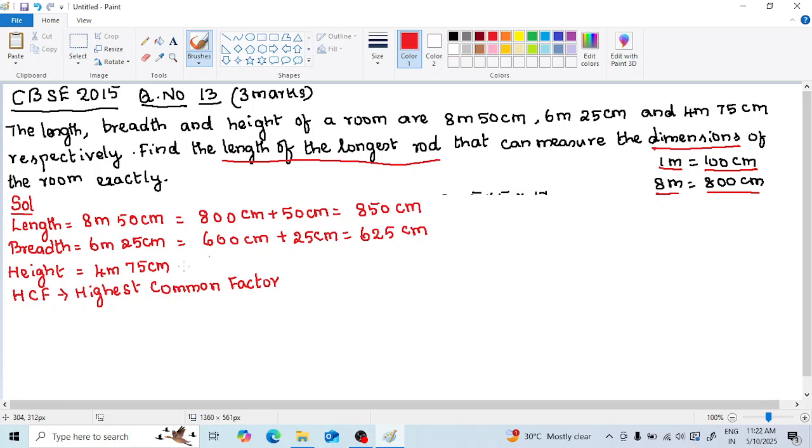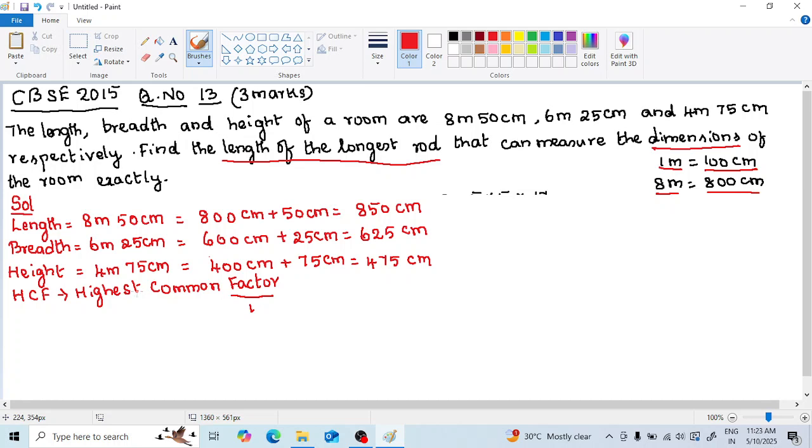Then 4 meter will be 400 centimeter plus 75 centimeter. Therefore, that will be 475 centimeter. Now, to find highest common factor, remember one thing. First, we need to factorize.